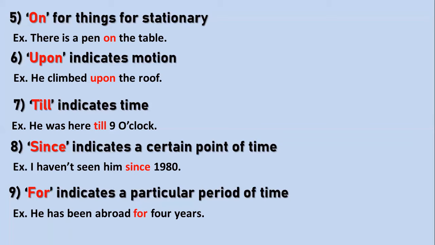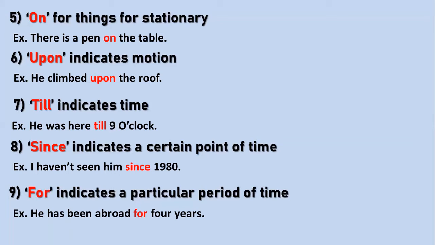Since indicates a certain point of time. When you want to say from when you have been living here, you can say, for example, I haven't seen him since 1980. Like from 1980, you have not seen him. At that time you can use the preposition since.